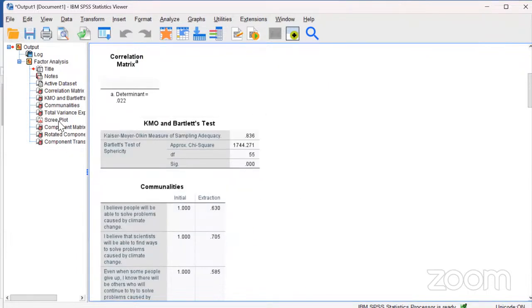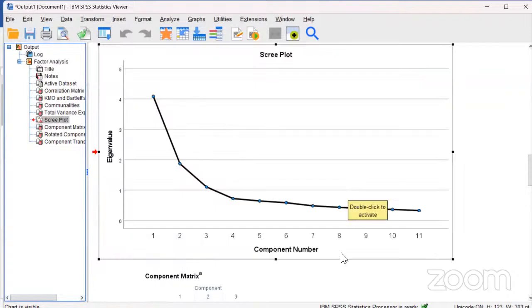Now we come to the scree plot. The scree plot is indicating more than one factor based on eigenvalue. Above this line there are 3 dots appearing, 1, 2, and 3, so it is clearly indicating 3 factors.